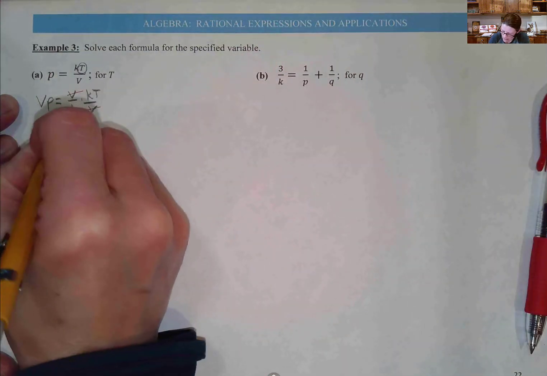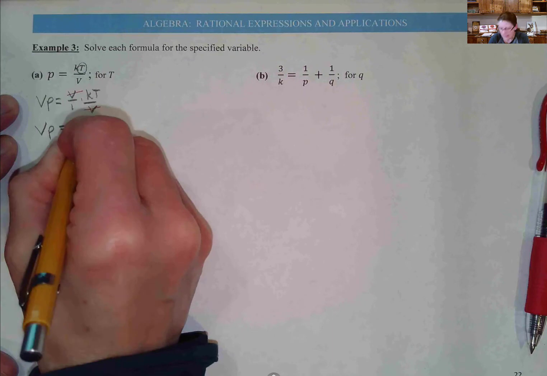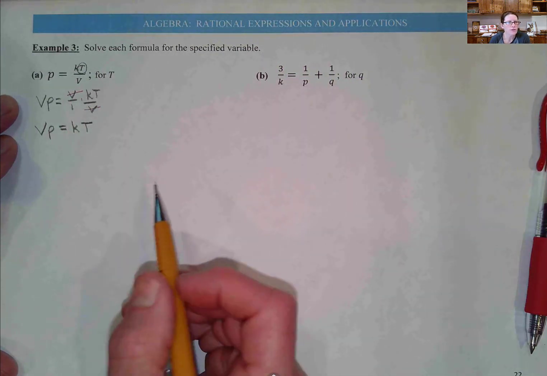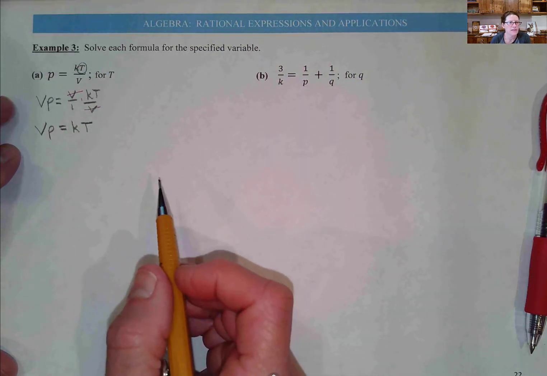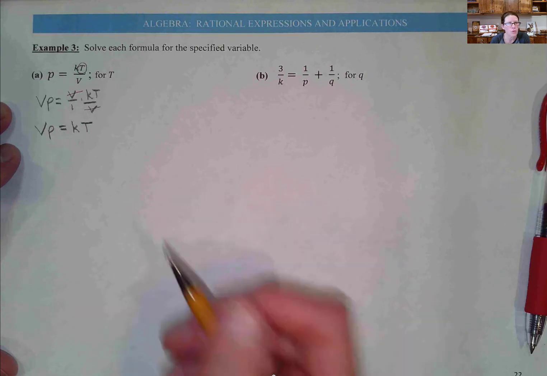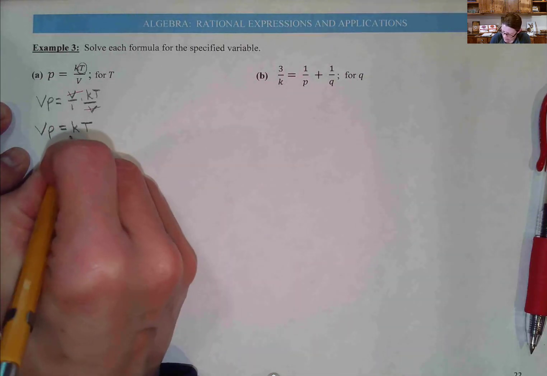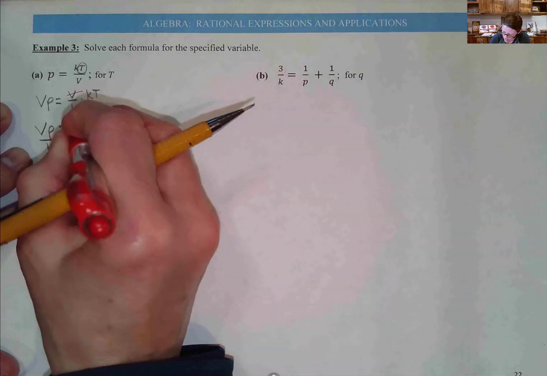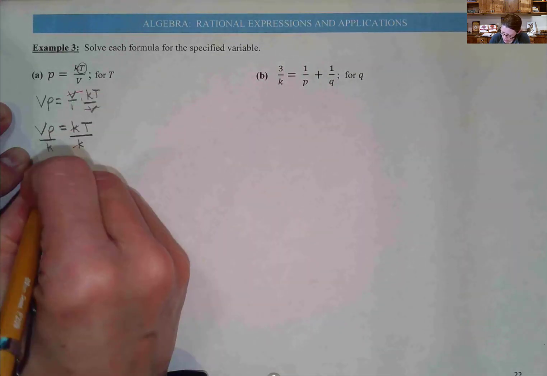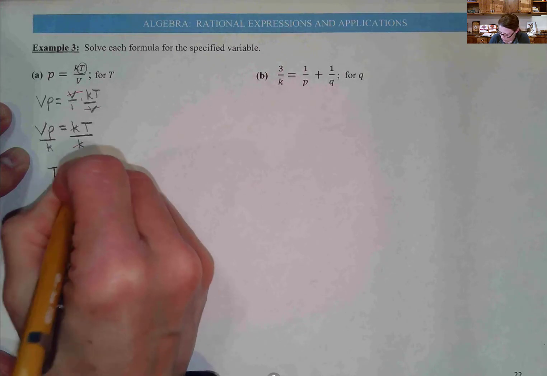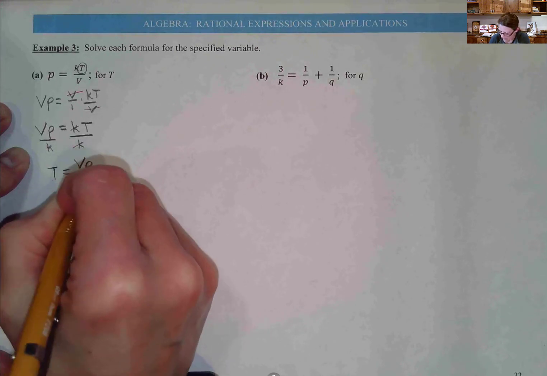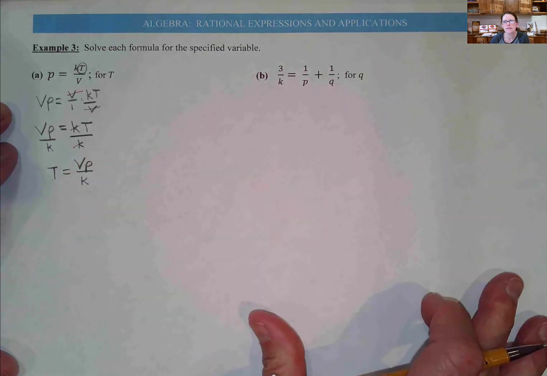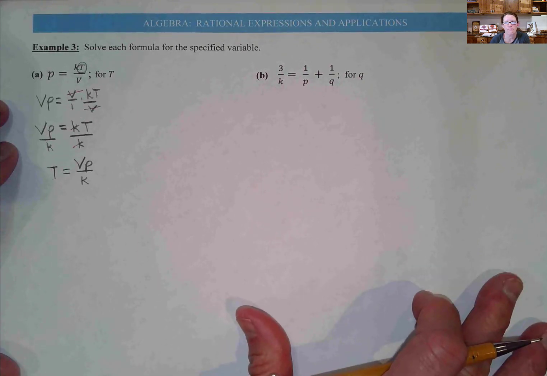This gives Vp equal Kt. This is Boyle's law for relating temperature, volume, and pressure, by the way. Last step, divide each side by K. Temperature is equal to volume times pressure divided by some constant, given the gas you're working with.